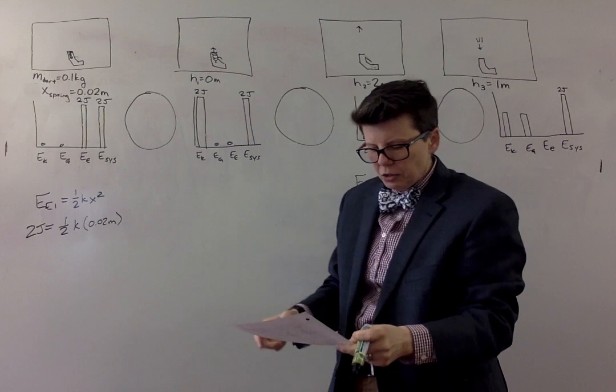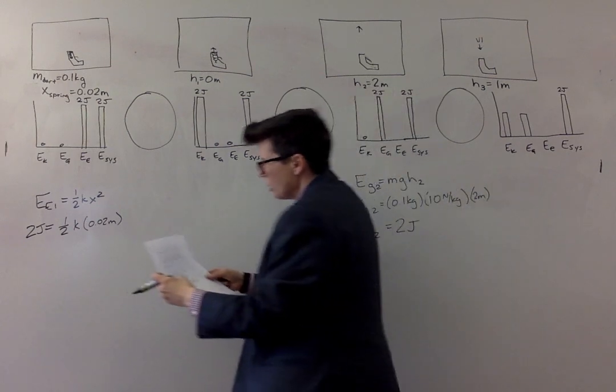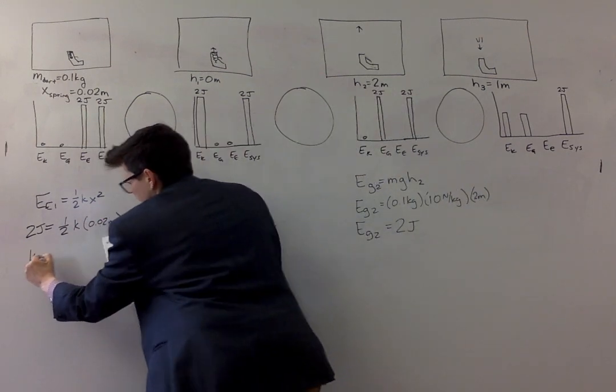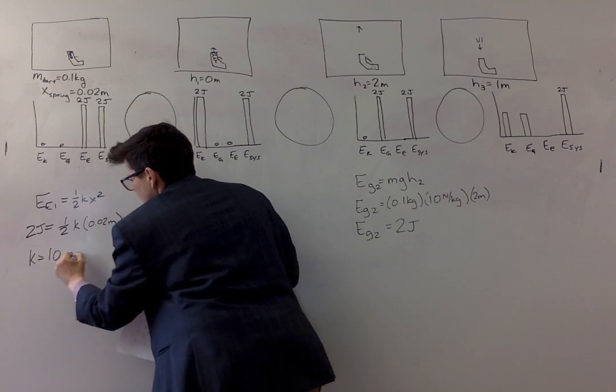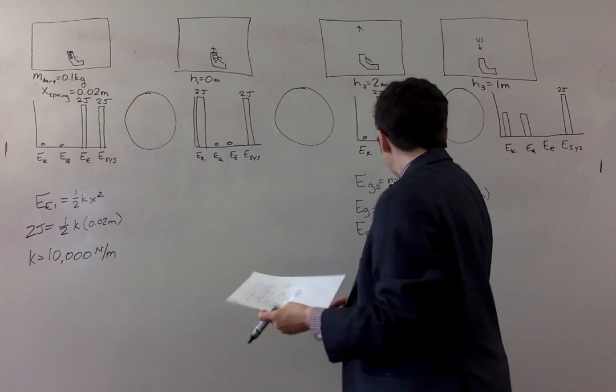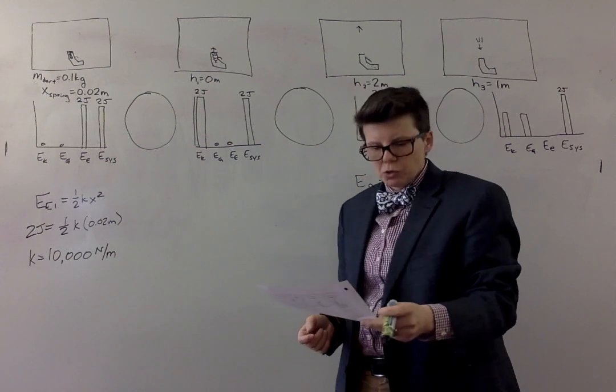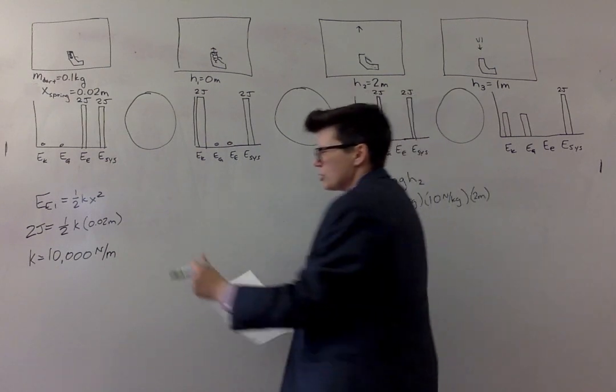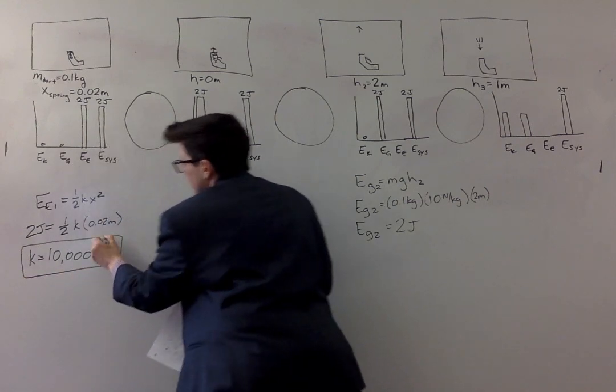Now again, I've pre-calculated that. This solves to a K of 1,000 newtons per meter. That's one of the subparts of the question that gets asked later.